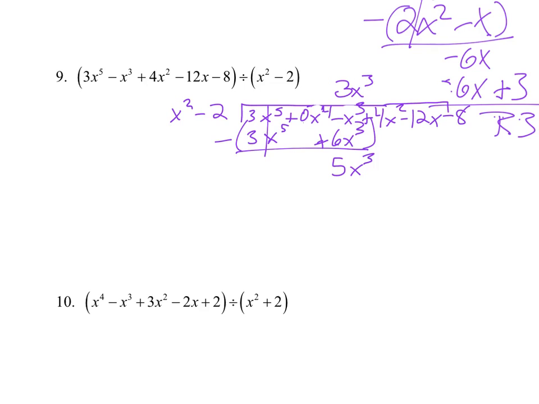Now, x squared needs a 5x. Okay. I'm going to erase parts of this because it's not going to let me. It's okay. We'll work around it. Okay, and I'm going to bring down the 4x squared minus 12x minus 8 so you can see them.